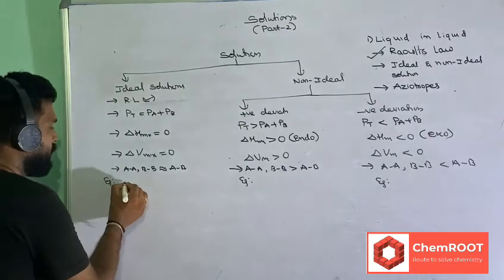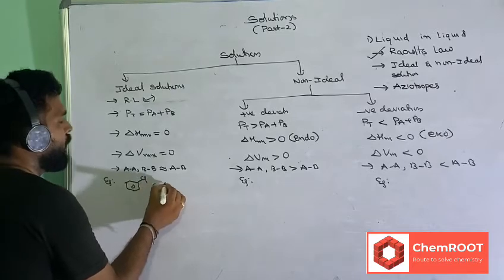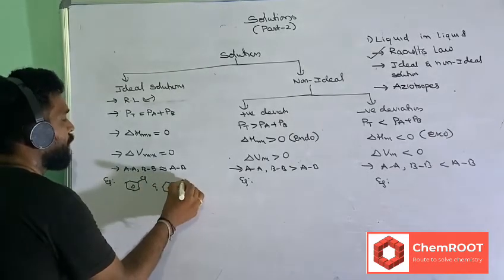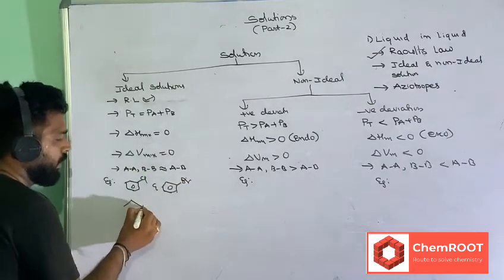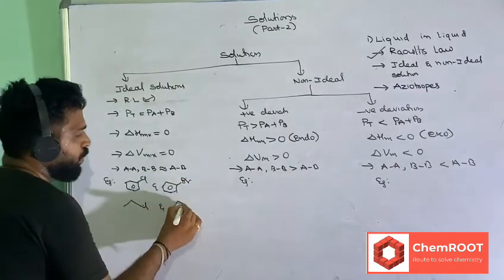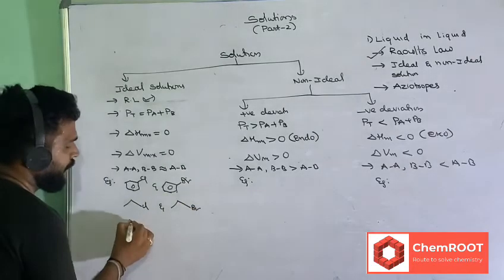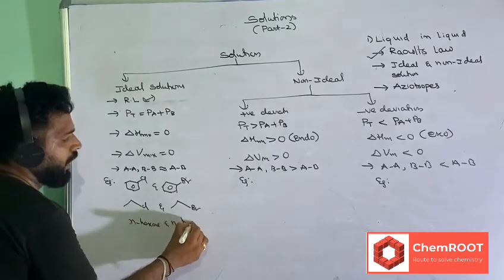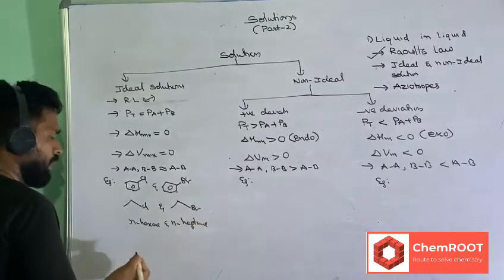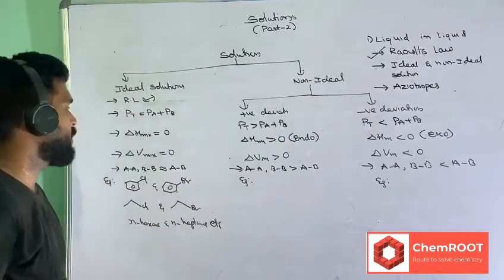You take chloromethane and bromomethane, chloroethane and bromoethane, n-hexane and n-heptane, etc. These come under ideal solutions.